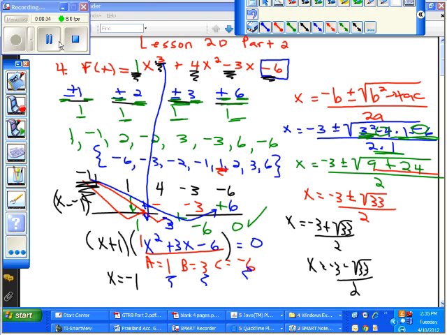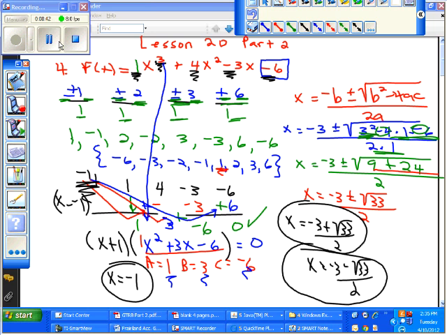We have x equal negative 1. We have x is equal to negative 3 plus square root 33 over 2. And we have x is equal to negative 3 minus square root 33 over 2. And so we found all of the solutions to that cubic.